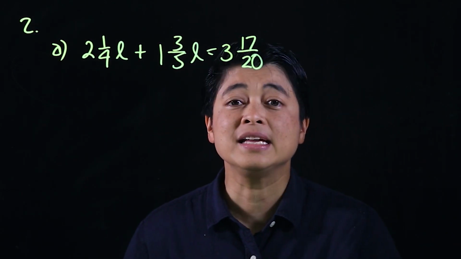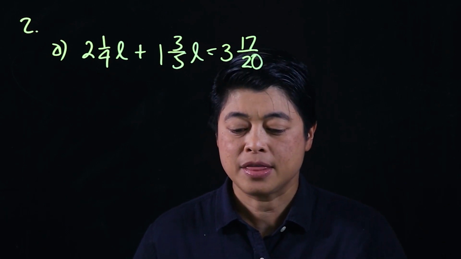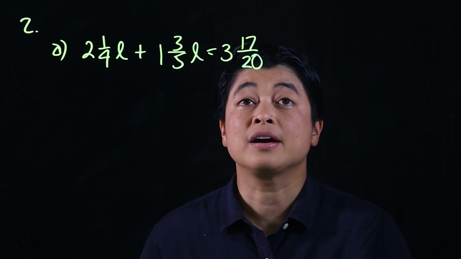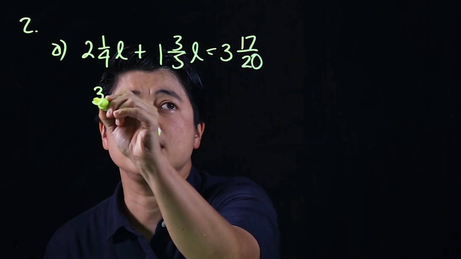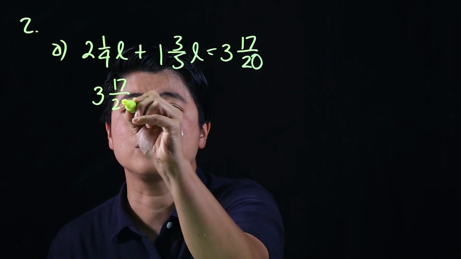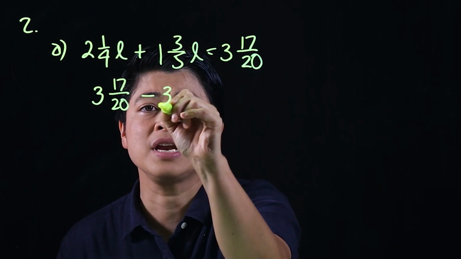However, it says that he kept 3 liters and poured the rest into 3 mugs. So of the 3 and 17 over 20 liters, he kept 3.